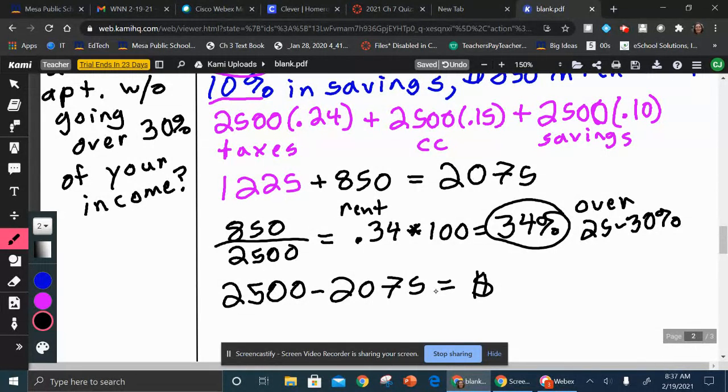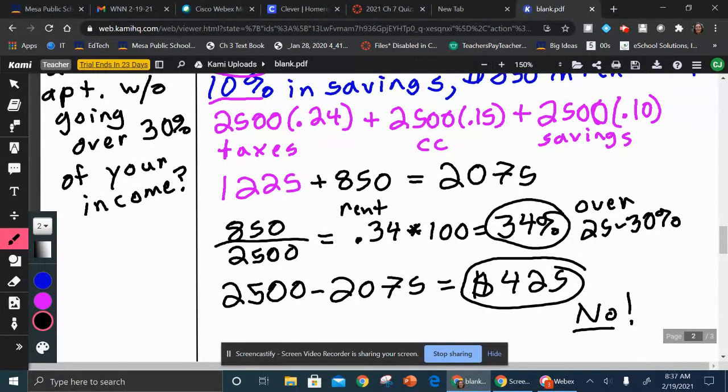Okay, so what we have left is 475. So it is over, so I would say no. Again, you might be able to find another part-time job or something to earn a little extra money so you would be able to afford it.